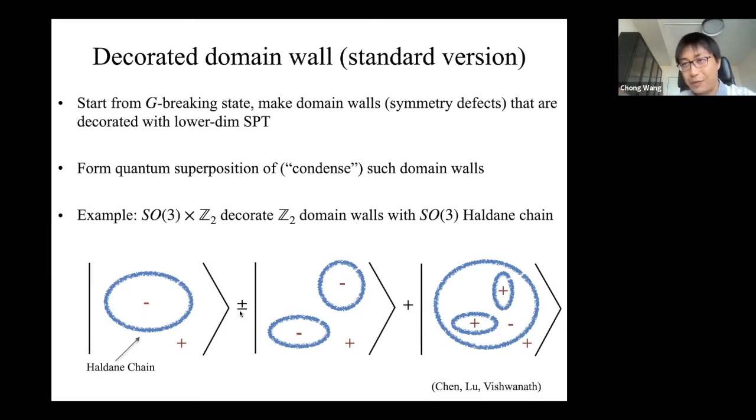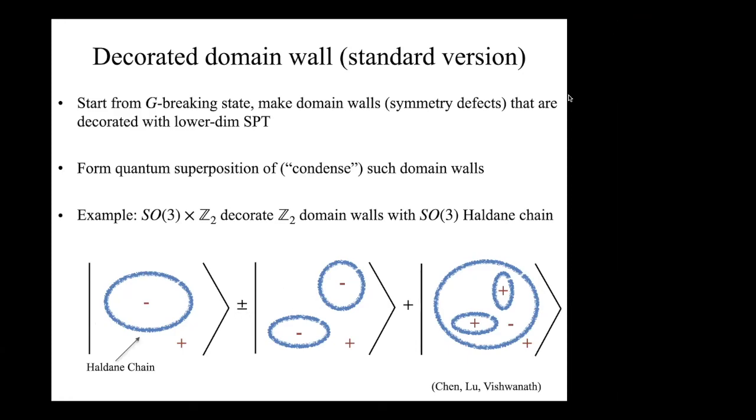So it's still a non-trivial SPT, but it's in a different class. It's a different phase. In fact, this SO3 cross Z2 is classified by Z2 squared. Well, actually, there's another Z, but that's not important. But it's Z2 squared. It's essentially whether you have the Haldane chain here and whether you have the minus sign in the superposition.